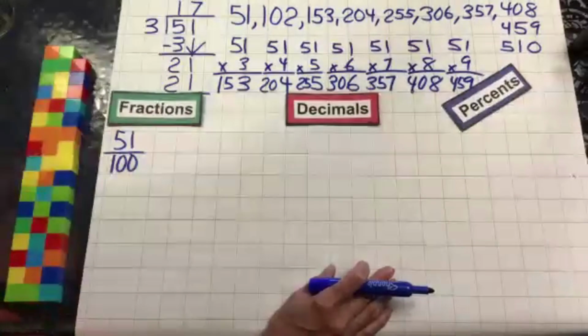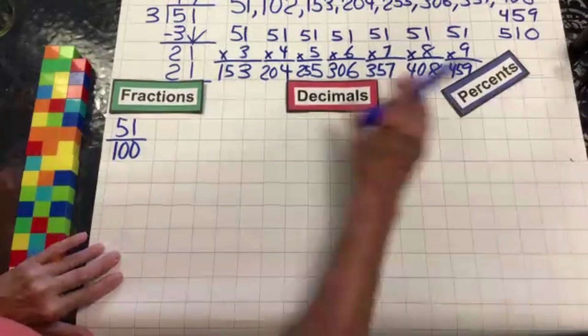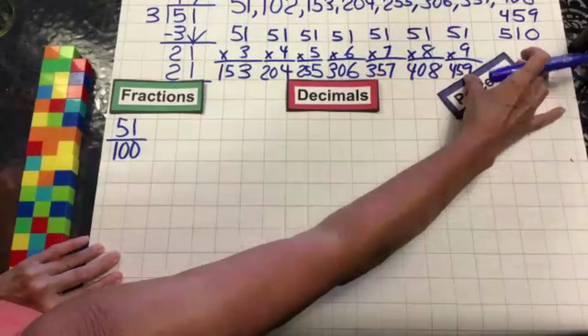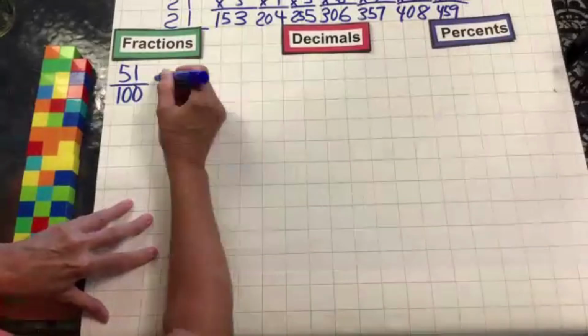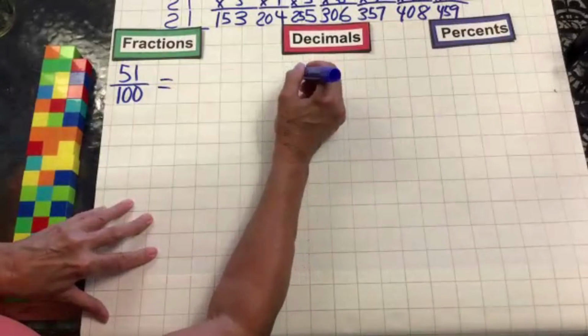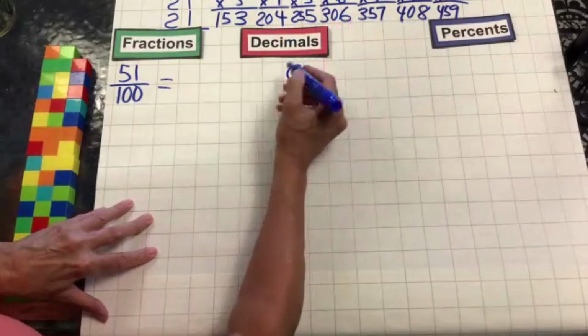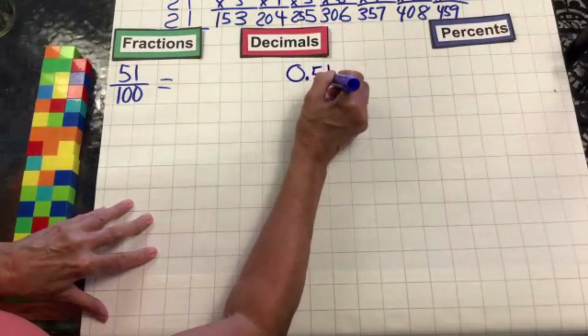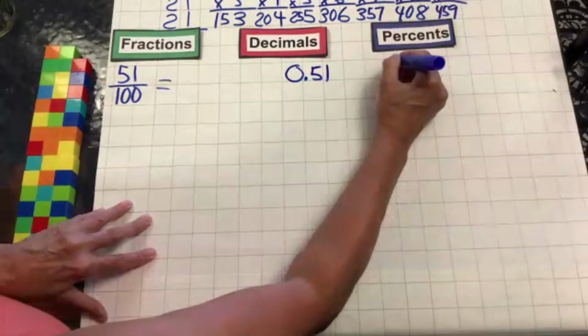So we have to have a common factor to go with the lowest term fraction, and we do not. So let's move on. The decimal in this would be 0 and 51 hundredths. And then our percent is, of course, 51%.